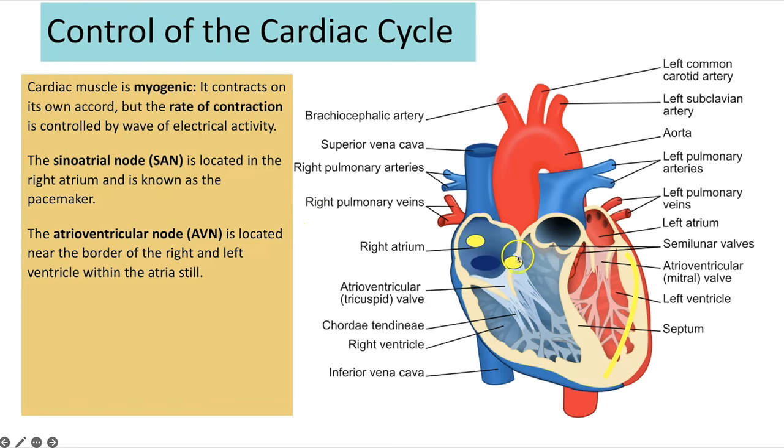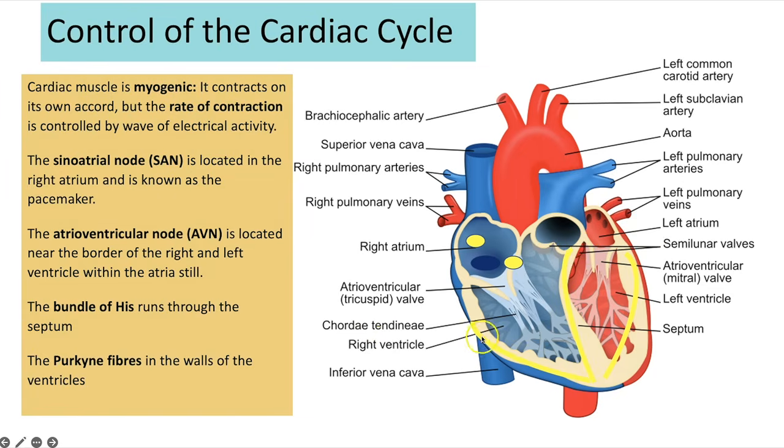Now, within this picture, it's here, but really it's quite a bit closer to the septum. The bundle of His runs down the septum and up the walls of the ventricle, and then the Purkinje fibres are also going up the walls all the way around, so it's going to reach all of that cardiac muscle. And all of these structures can conduct electrical activity.